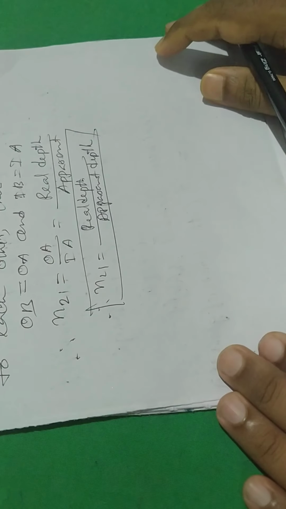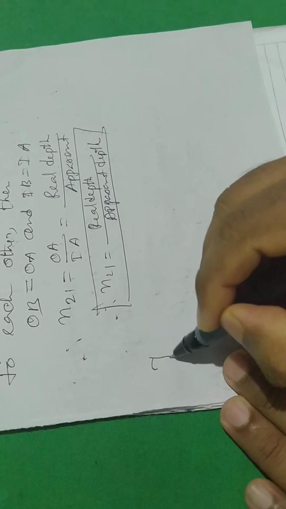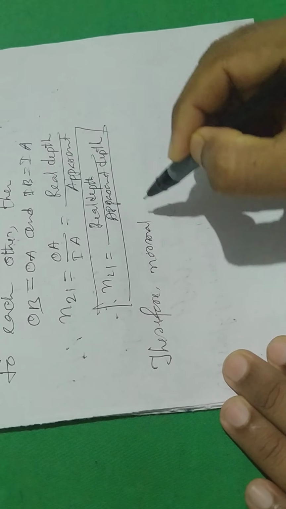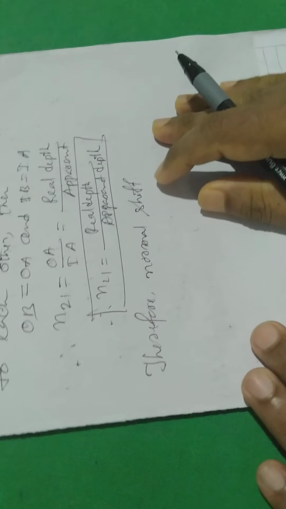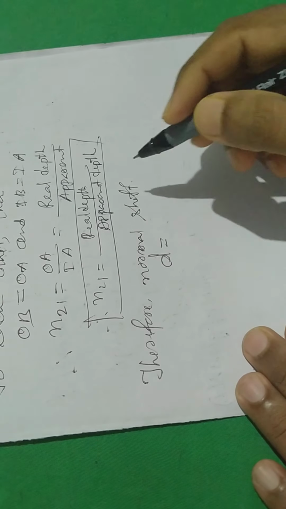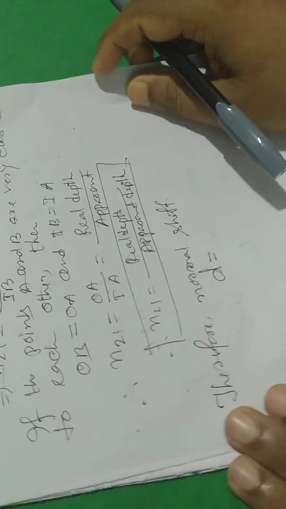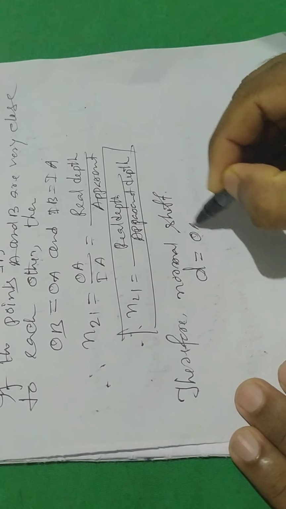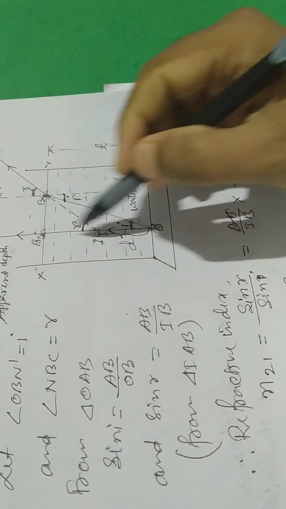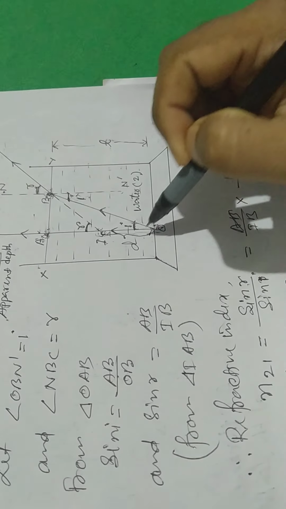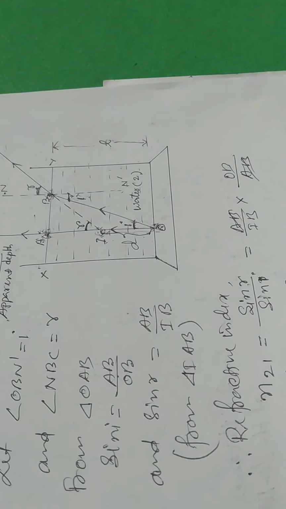Now the normal shift. D equals how much is shifting? Normal shift, this one is the normal shift D. This value will be OA minus IA.